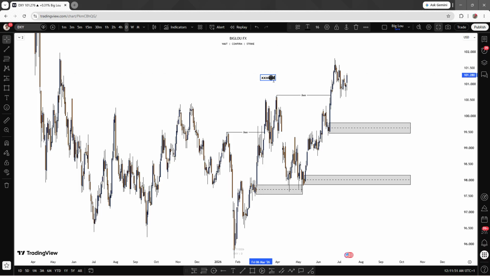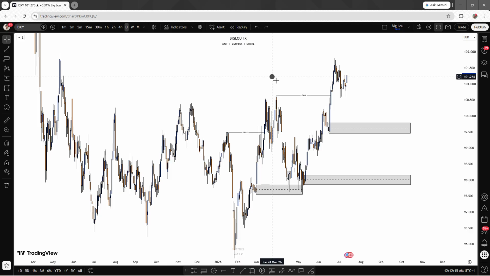It could be EUR USD, GBP USD, AUD USD, NZD USD, whatever has USD as a quote currency. I'm interested in it because it's mostly a major pair and it's volatile enough to move. It moves very well, so you can get good opportunities in such pairs.